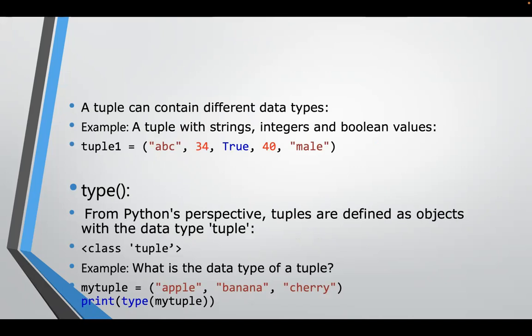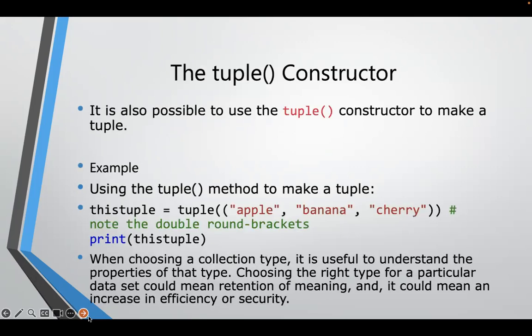So when you say type, from Python's perspective, tuples are defined as objects with the data type tuple. So the data type of a tuple is going to be tuple. This is how to say type: my tuple is going to say tuple.